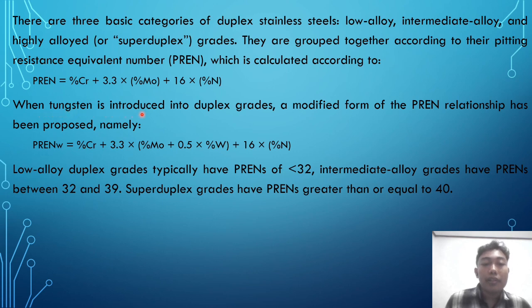When tungsten is introduced into duplex grades, a modified PREN relationship has been proposed, namely PRENW equals percent Cr plus 3.3 times percent Mo plus 0.5 times percent W plus 16 times percent N. Low alloy duplex grades typically have a PREN of more than 22.